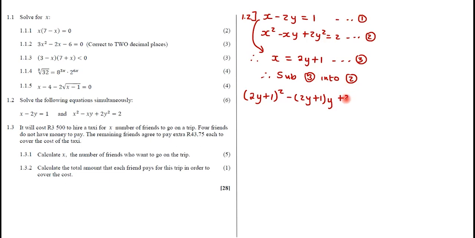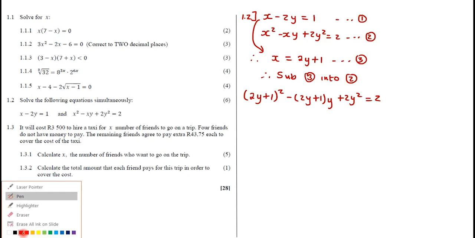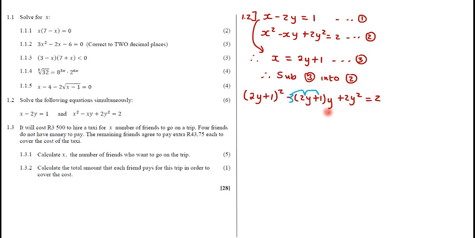So then here I'm going to say plus 2y squared equals 2. Now notice something here, because this will always come in most of the cases. See here we have minus 1, but then we also have y. So this thing is the same as if this y is in front here. So if there was a number, for example here, most of the people will think that here we'll need to multiply first here and then multiply there. But that's not how it works.